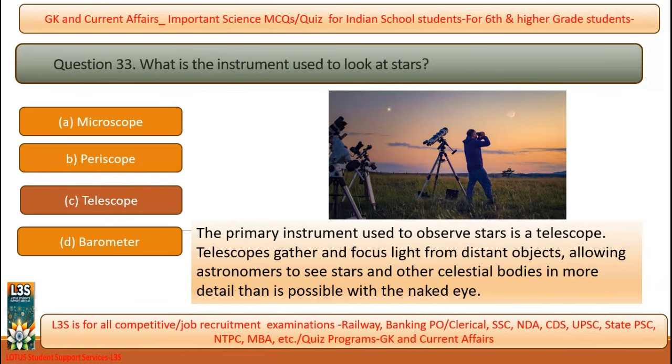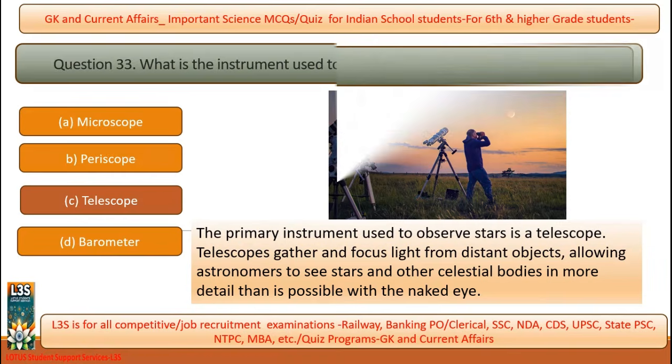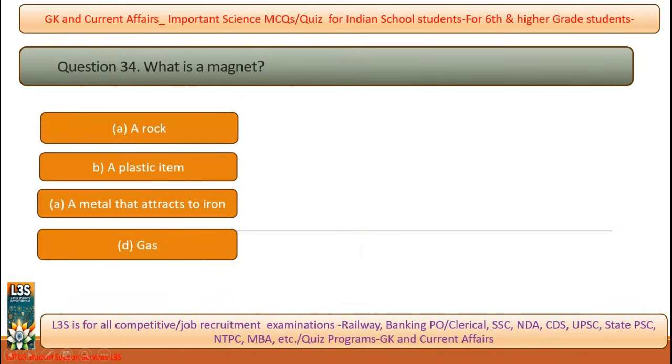Telescopes gather and focus light from distant objects, allowing astronomers to see stars and other celestial bodies in more detail than is possible with the naked eye. What's a magnet? And the right option here is a metal that attracts iron.